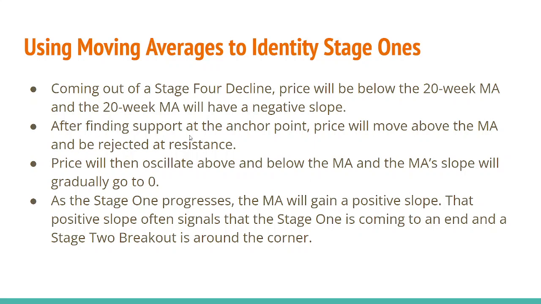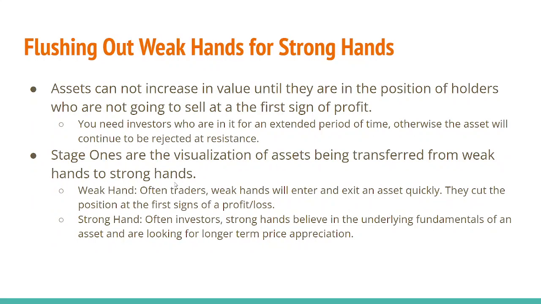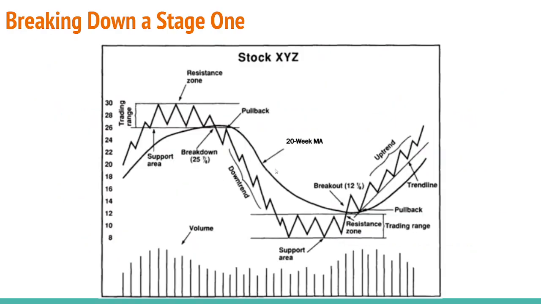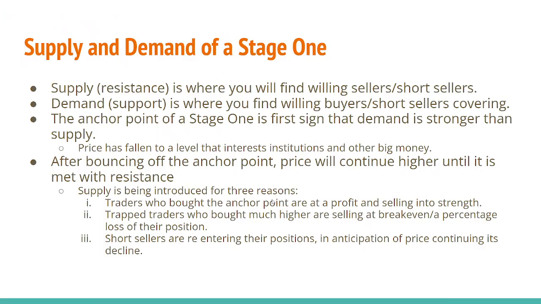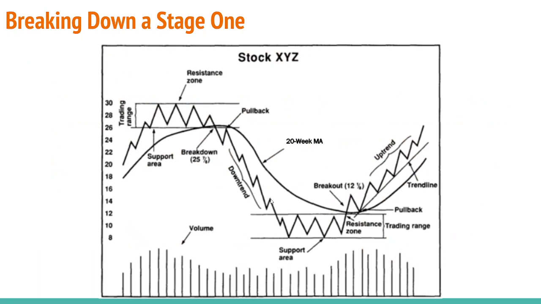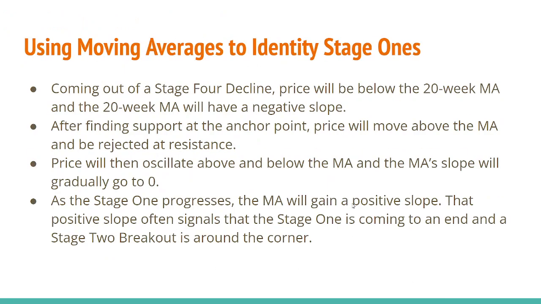So after finding support at the anchor point, price will move above the moving average and be rejected at resistance. So in this case, our moving average was way above our resistance that's formed, but possibly think that price bounced up to this peak right here, and then we formed our resistance. So then next time we try to go for resistance, our price will be above the moving average, but we will still get rejected at resistance.